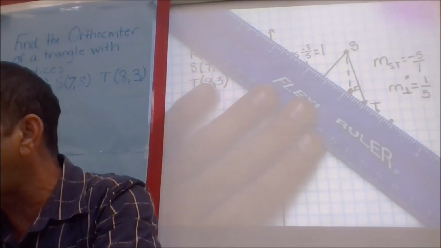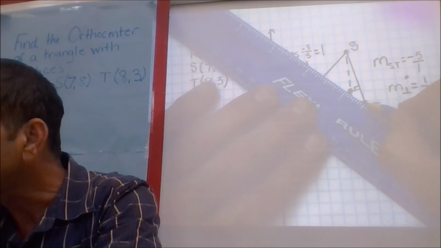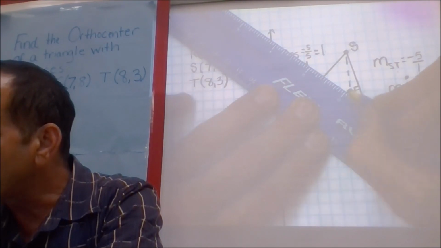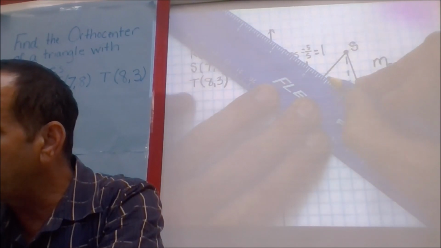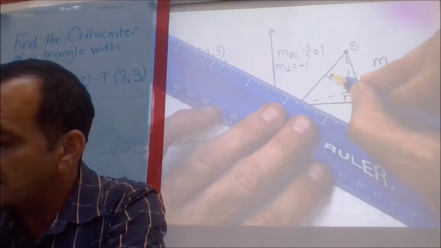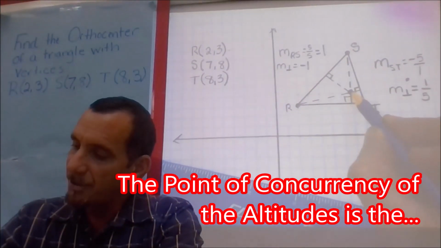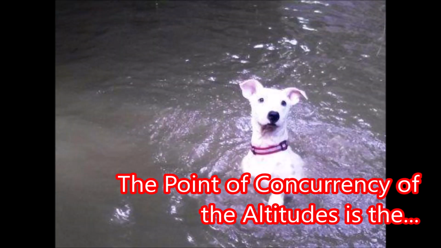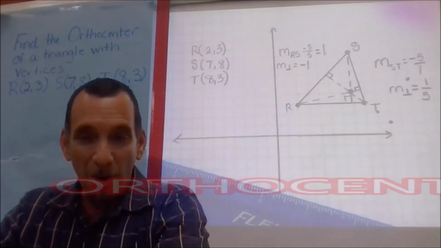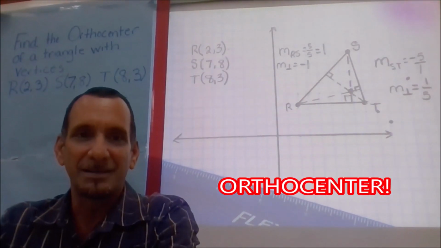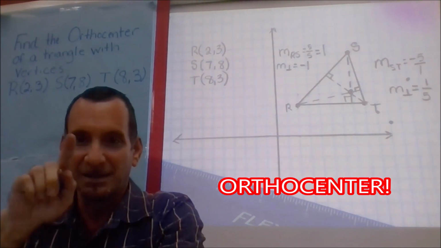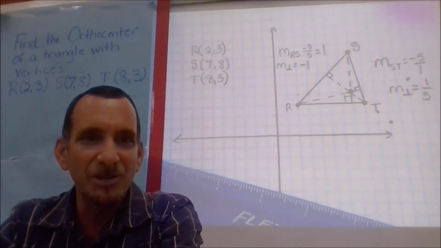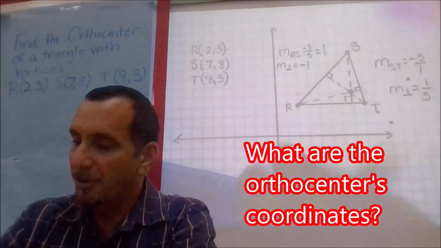I am getting the altitude to intersect, or also be the point of concurrency of all those three altitudes, which gets us the orthocenter. Great.